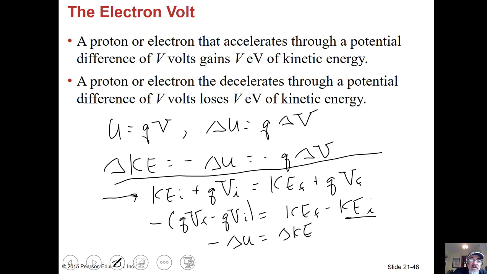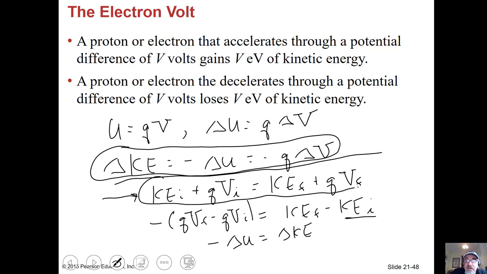So when you see this formula here, it's just another way of writing this formula. The only other thing to say is don't forget kinetic energy is 1/2 m v squared, with little v squared. So this is using voltage to figure out changes in potential energy, how much work you have. You can figure out how fast you're going after you go through a certain voltage, that sort of thing.